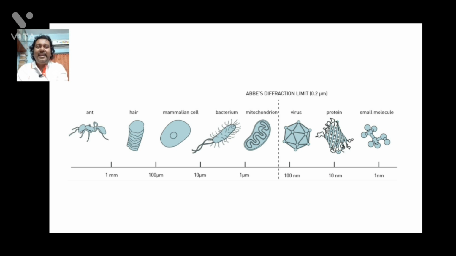These can be resolved by light microscope, but virus, protein, small molecules can't be resolved by light microscope. They can be resolved with the help of electron microscope because they are beyond the Abbe's resolution limit, that is 0.2 micron.